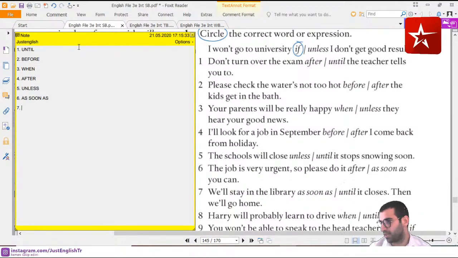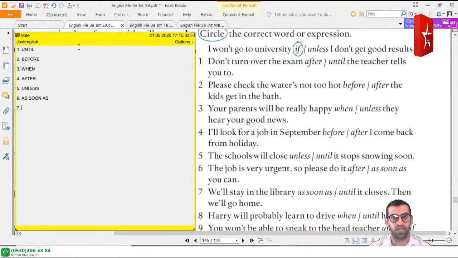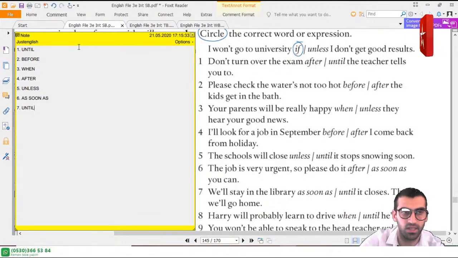Alp is sad because of his answers. Don't worry, Alp, you are here to learn from us. And if you have any question, let me know. For number 7, we will stay in the library until it closes. Then we will go home. Until is correct. Lisa, Azime, Münevver, Pelin, Mehmet, Rana, and Arif. Until is a correct answer for number 7.